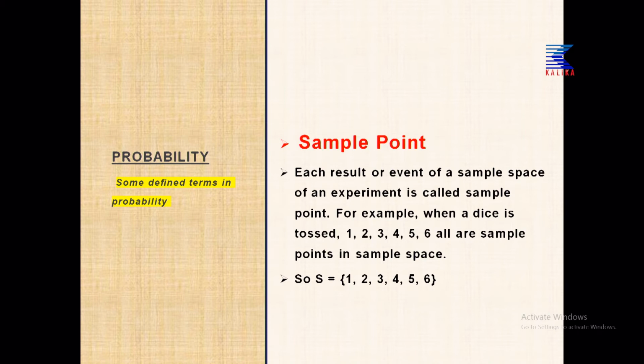Actually, the sample space means the set 1, 2, 3, 4, 5 and 6. This is the set of the sample space. Sample point means particularly 1, 2, 3, 4, 5 and 6. These are particularly the sample points in the sample space.